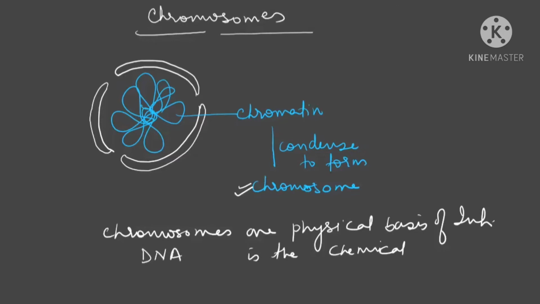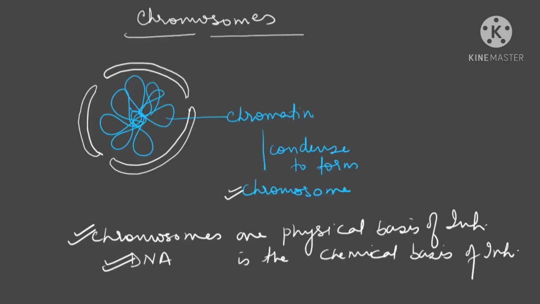So first of all, it is clear which is the physical basis and which is the chemical basis of inheritance. The chromosome is the physical basis of inheritance, and chromosomes are made up of DNA and protein, in which DNA is the genetic material. That is why we say DNA is the chemical basis of inheritance.